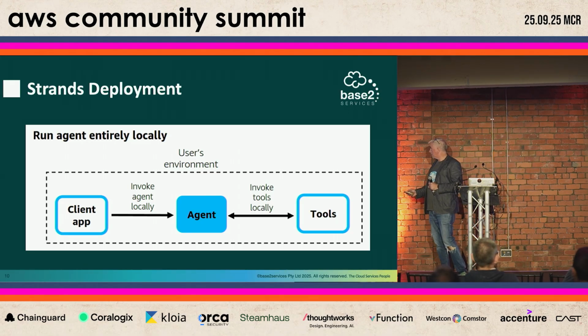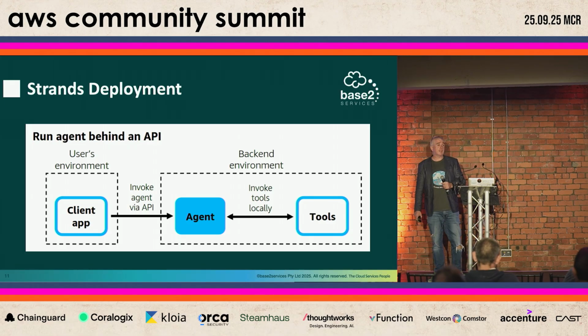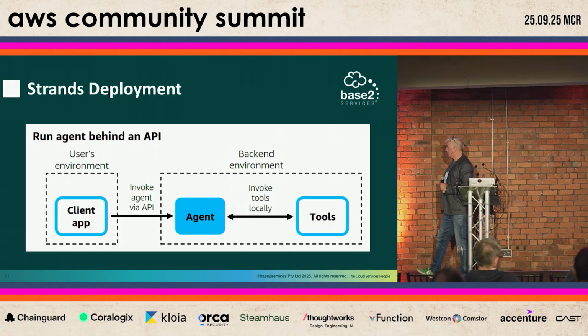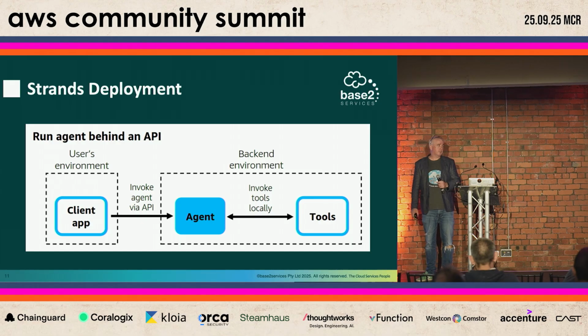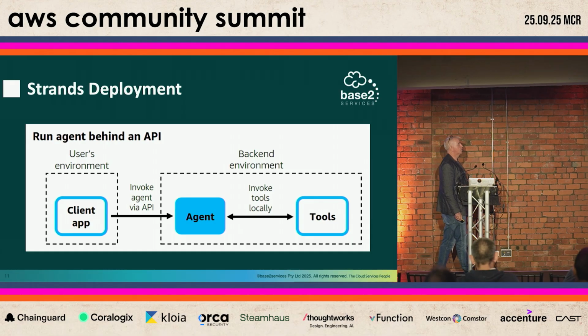The more classical one would be, you have a client app that's running in your environment and invokes the agent via an API, right? So you're exposing an API, and you're just passing the information through the API to the agent, and then the agent calls and executes, and the tools are local to the agent environment.